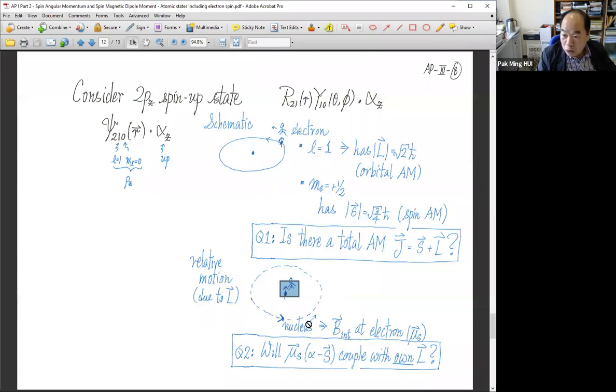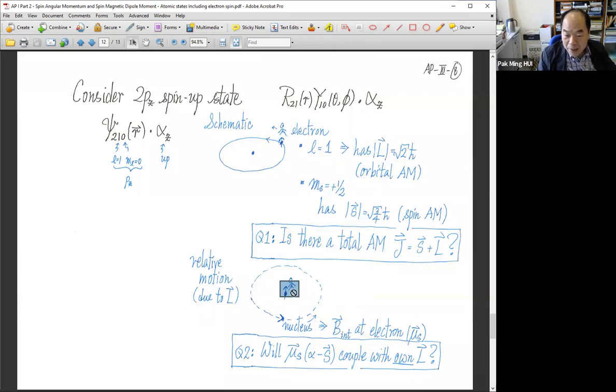However, the root of this thing is the electron's own motion. It is easy to imagine because this relative motion actually comes from the orbital motion of the electron. The field generated should be proportional to the orbital motion of the electron.